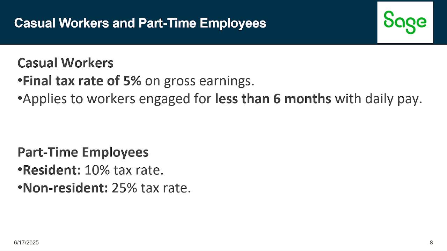Whatever you are paying them, you need to withhold 5% on the amount, because you are paying them daily and they are working for you less than 6 months. Part-time employees, if you are resident, any income you derive from part-time employment is taxed at 10%. If you are non-resident, it's taxed at 25%.